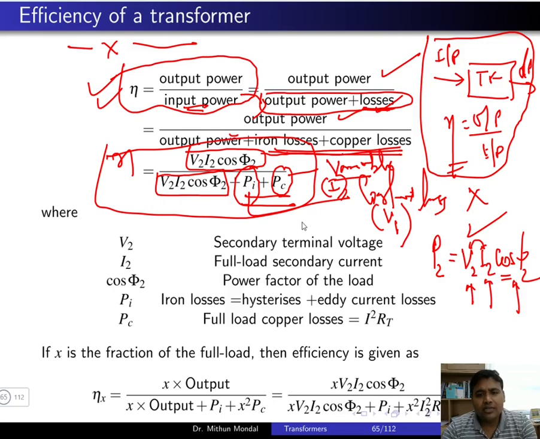So if the current is changing, the copper loss will change, but the iron loss will remain constant irrespective of the load condition, whereas the copper loss, which depends on the current, is a variable loss and depends on the load current. So the copper loss can be written as I square into the total resistance.